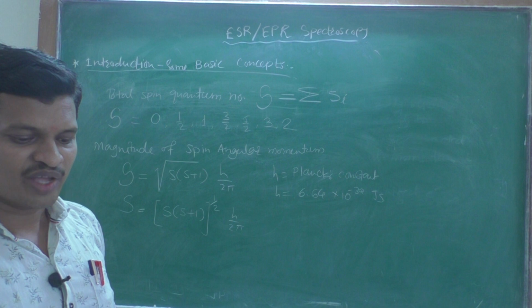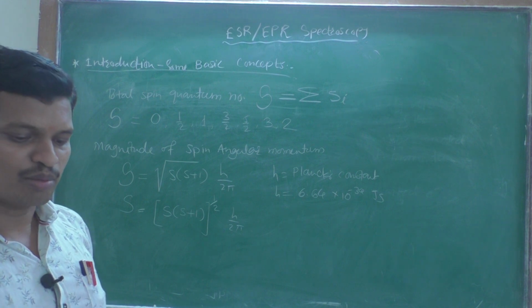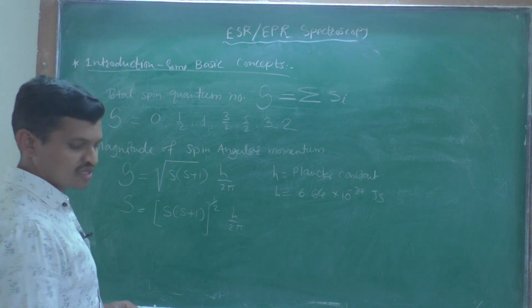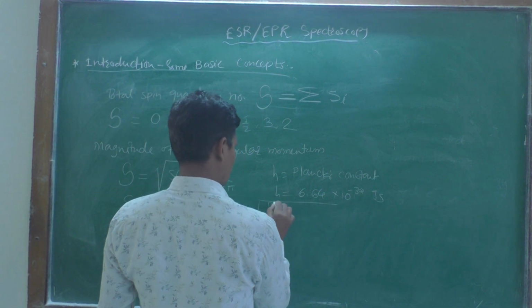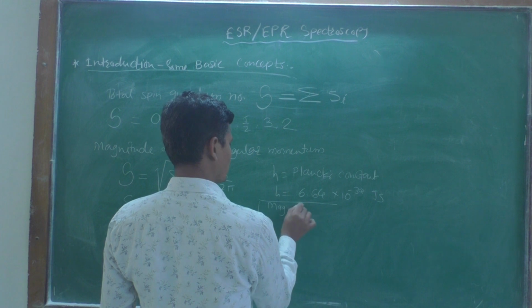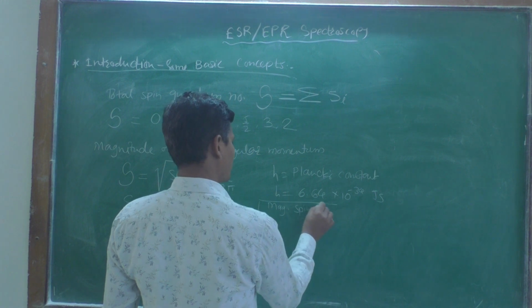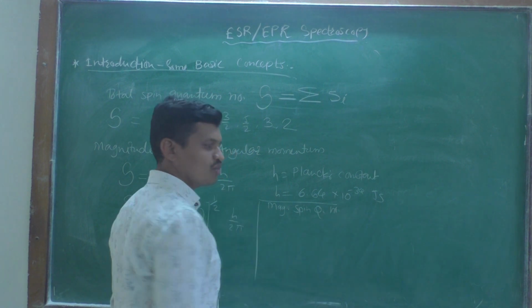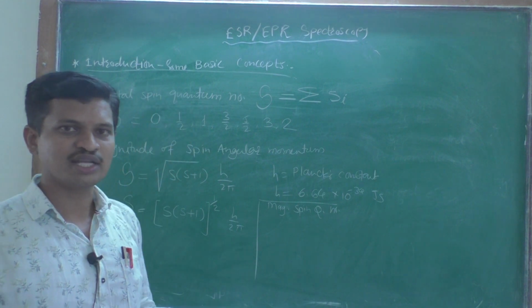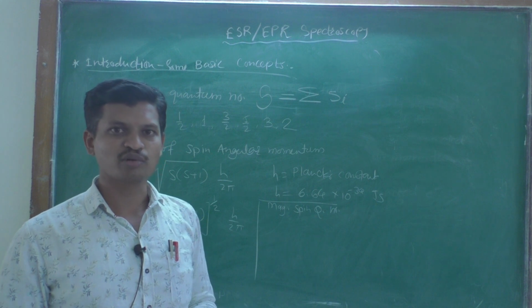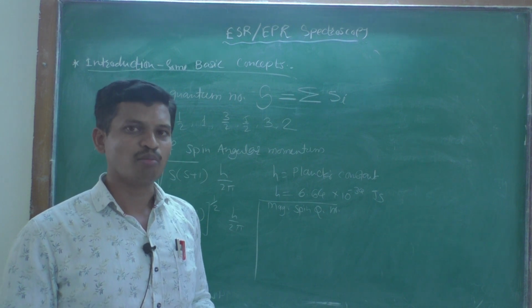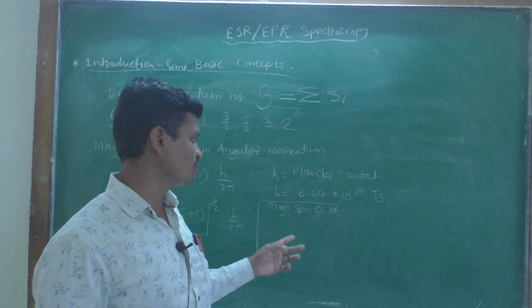Then the magnetic spin quantum number ms. We know that there are 4 quantum numbers: the principal quantum number, the azimuthal or orbital quantum number, the magnetic quantum number and the spin quantum number.